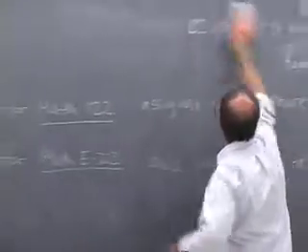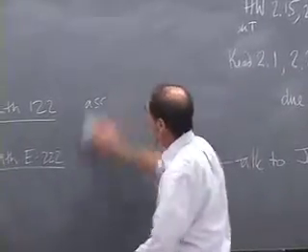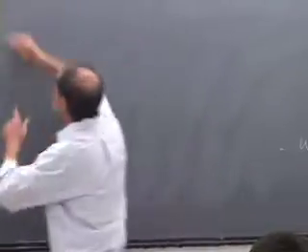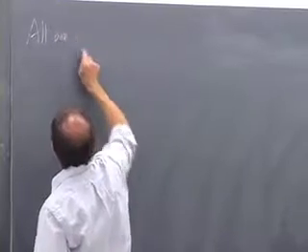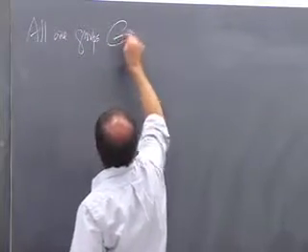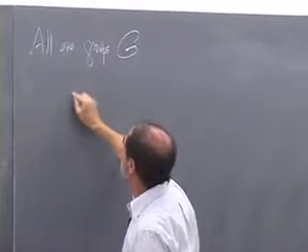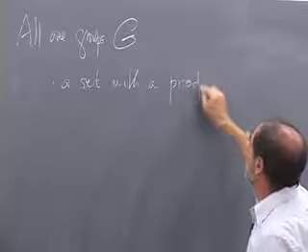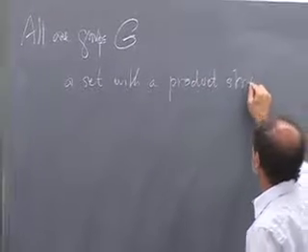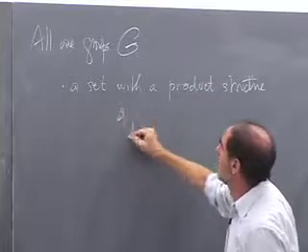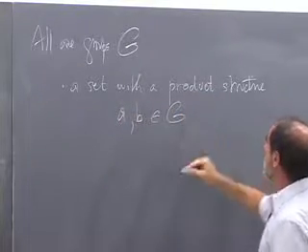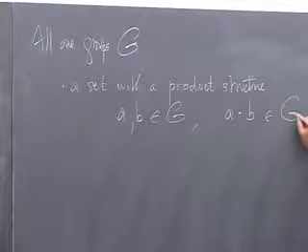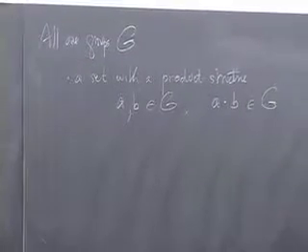And a group G is, by definition, 1, a set with a product structure. So if you have two elements in the set, A and B in the group, then you get a new element, A dot B, the product of A and B, which is a new element in the group. So there has to be a product.